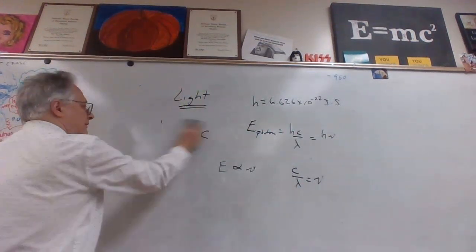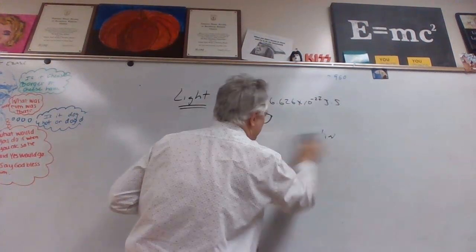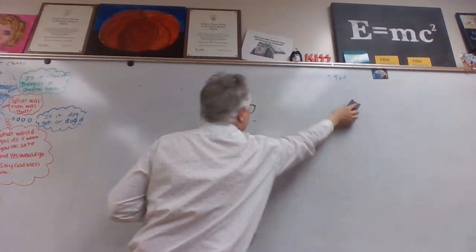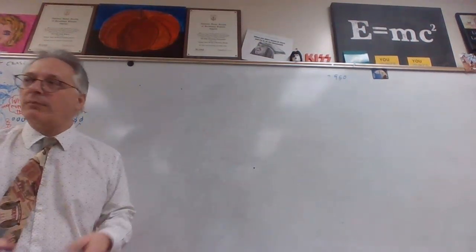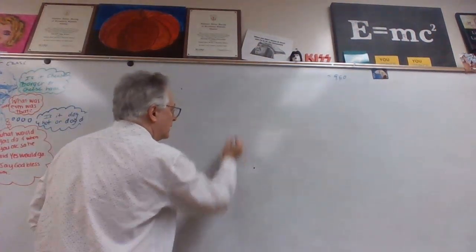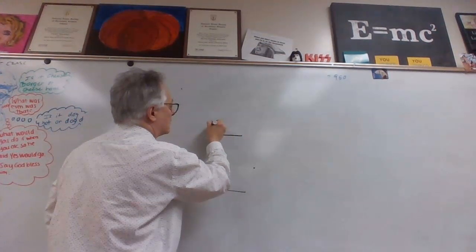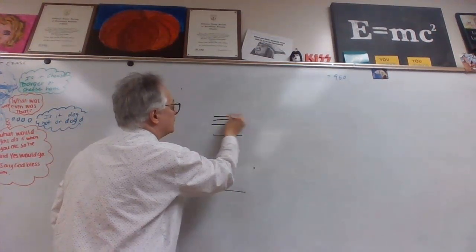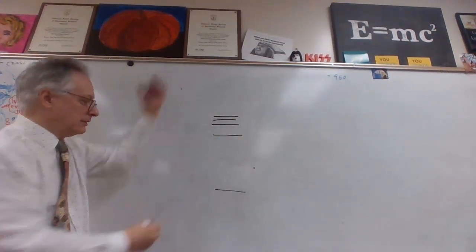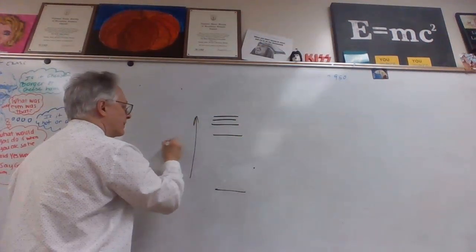So then we talked about the various models of the atom. And we talked about the Bohr model of the atom, where we had these energy levels that got closer and closer to each other as we increased in energy.